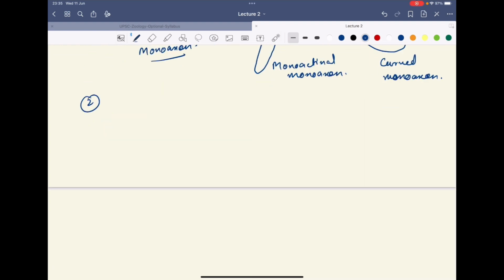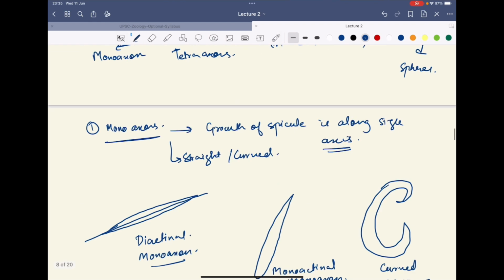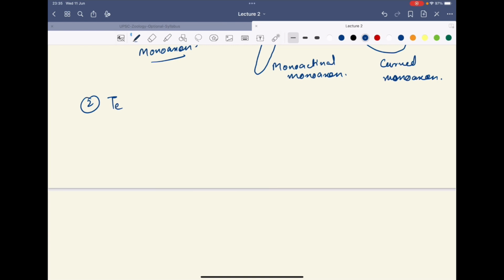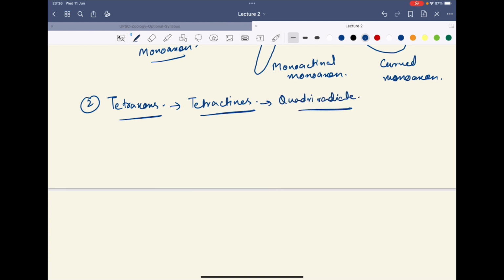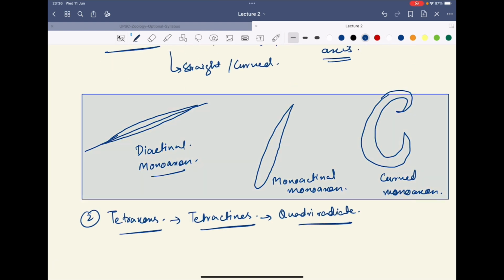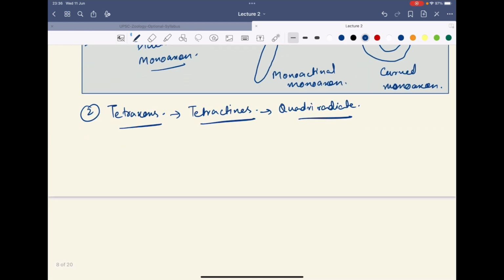Then after the monoaxon, the second type is tetraxons. The tetraxons are also called tetraactines. These are quadriradiate. They have 4 rays. In monoaxon we had 1 ray, but in tetraxon we have 4 rays.